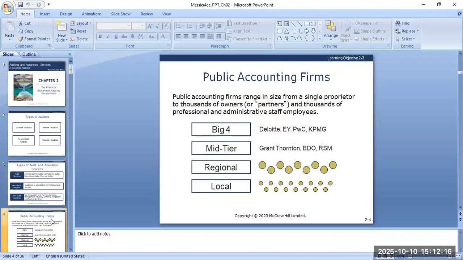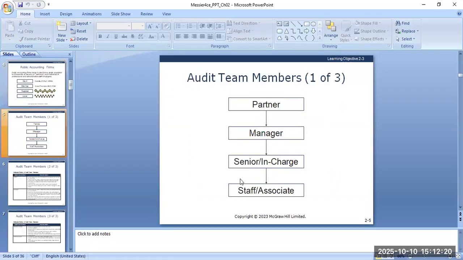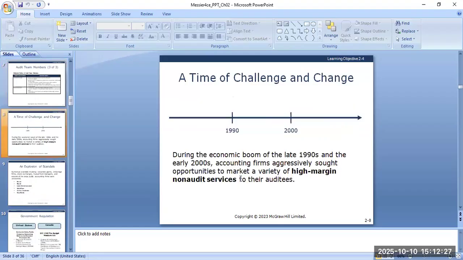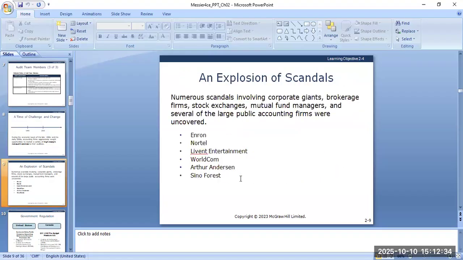The next thing that we discussed is the audit companies that we have, the audit team, what the members of the audit team are and what their responsibilities are within the audit team. We also covered what happened during the history of the audit and how auditors from companies providing management services and consulting services became companies that provide only audit.